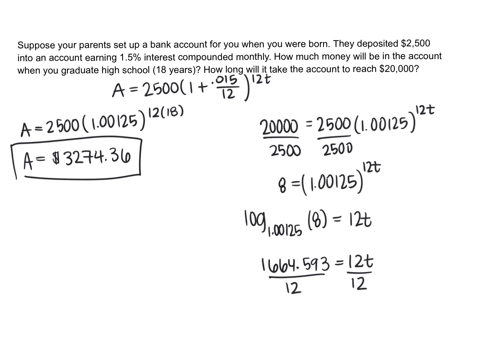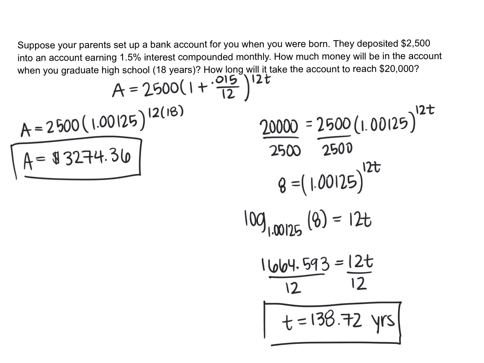Then divide by 12, and we get that t is 138.72 years. So remember, when you're solving for time for compound interest or continuously compounded interest, time is always in years at the end.